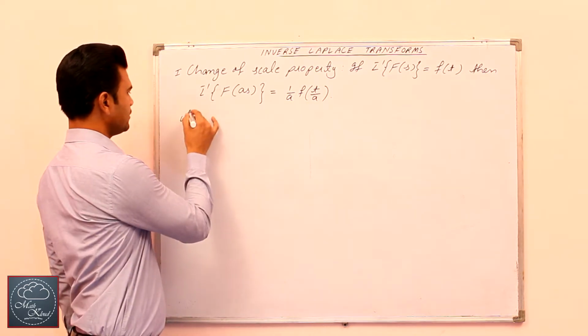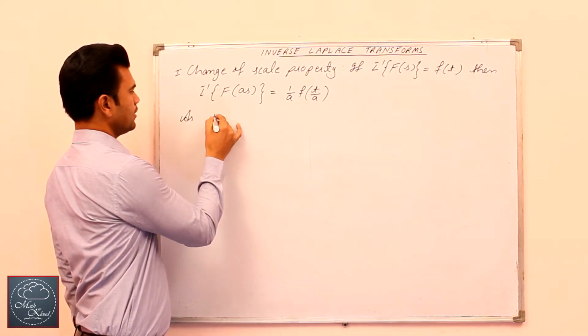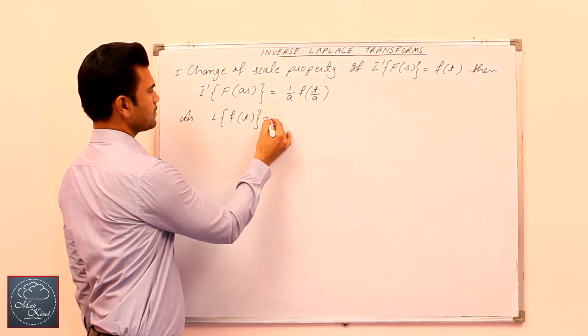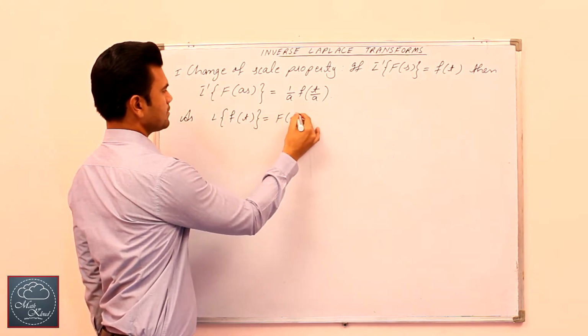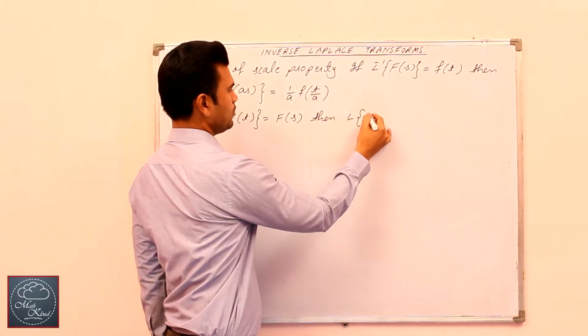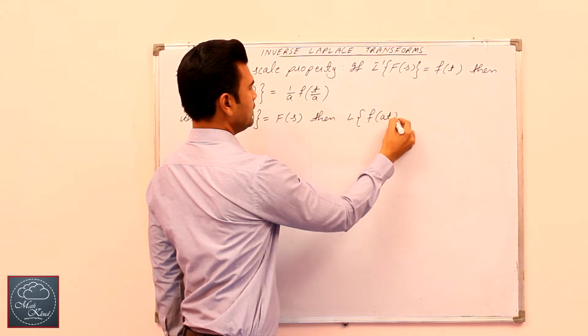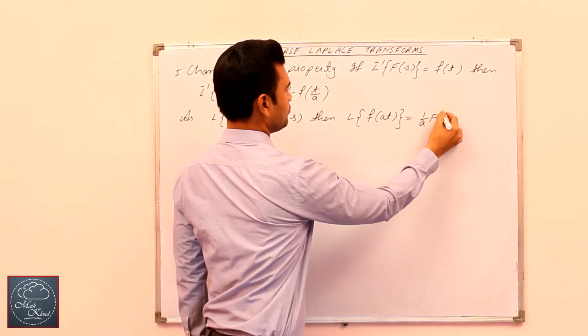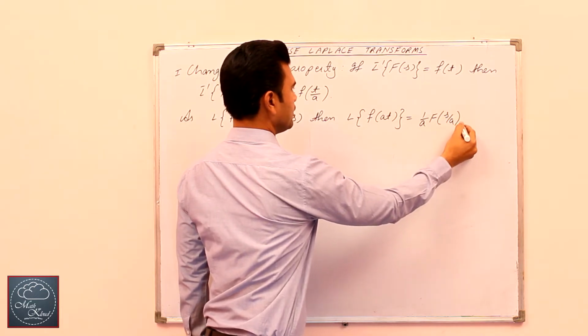As you know, if the Laplace transform of f(t) is F(s), then the Laplace transform of f(at) is given by 1 over a F(s over a).